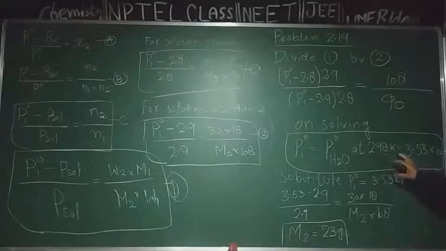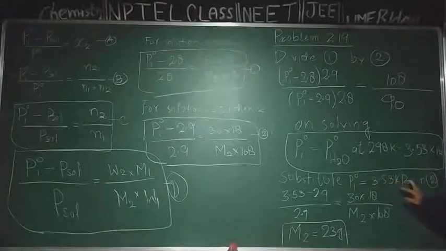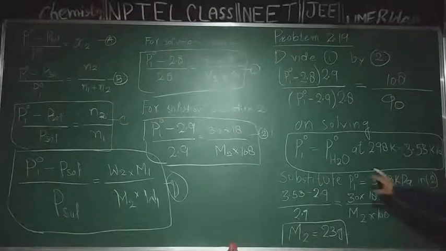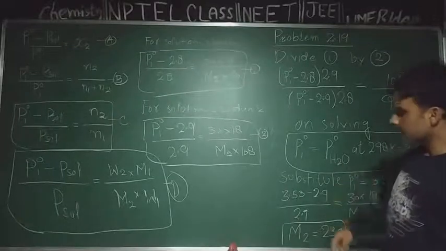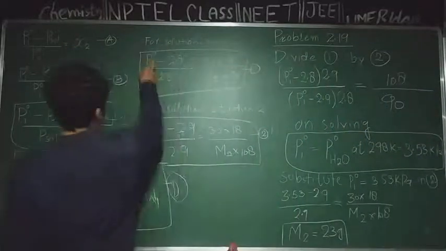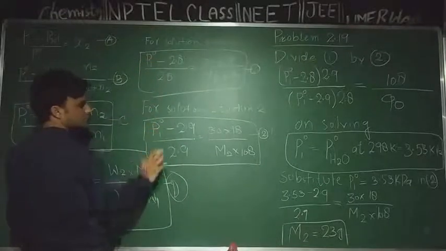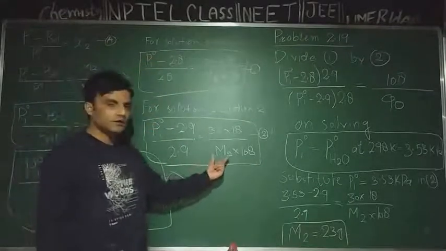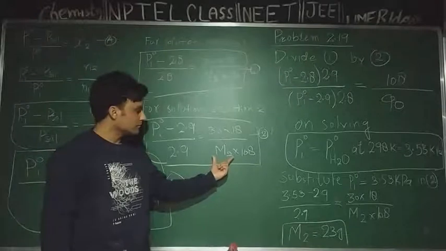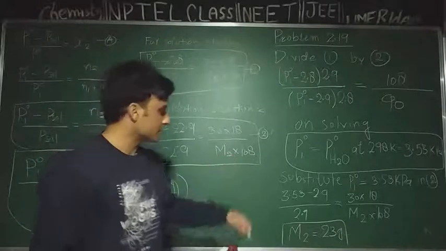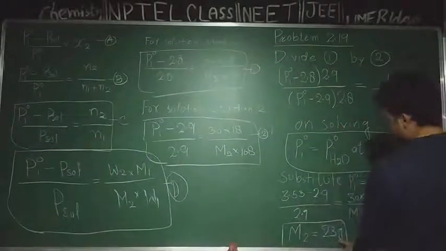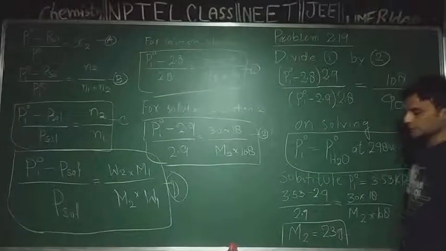Then I substituted vapor pressure of water equal to 3.53 kilopascal in equation second. The idea is that by substituting the value of vapor pressure of water in equation first or second, I can solve the rest of the equation for M2, and after solving I got the molecular mass of non-volatile solute is 23 grams.